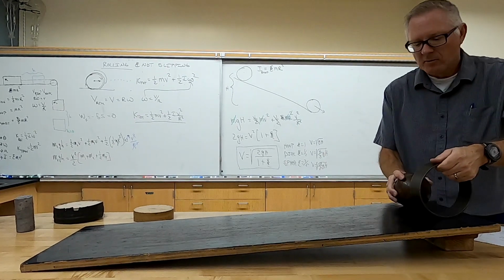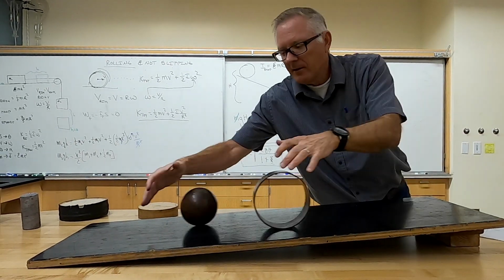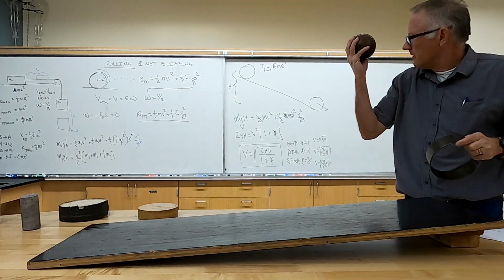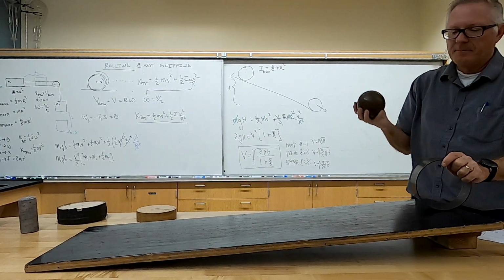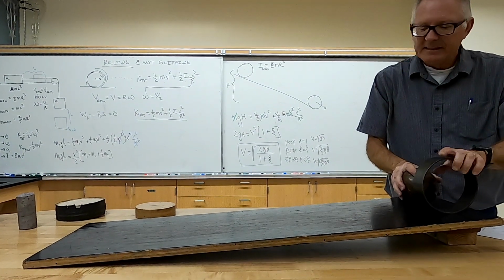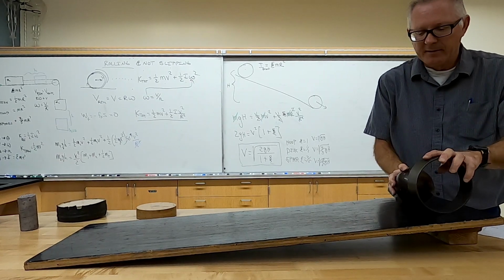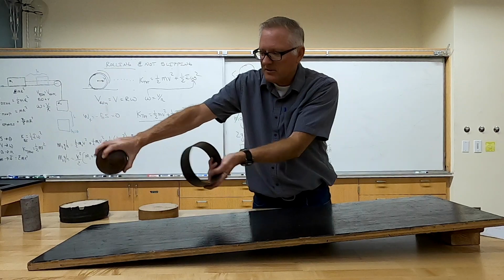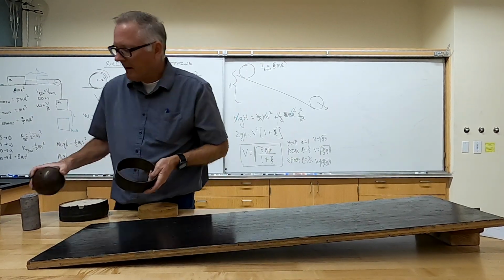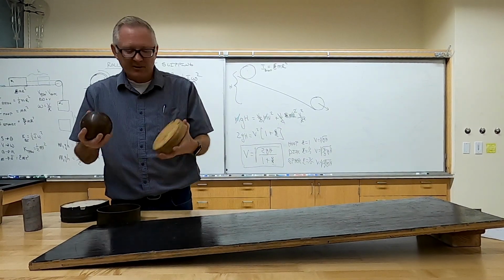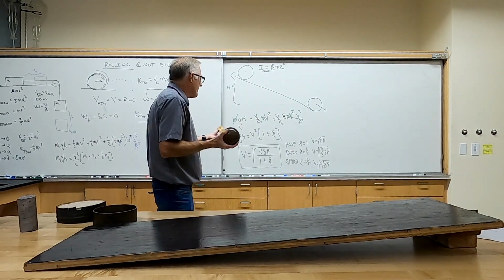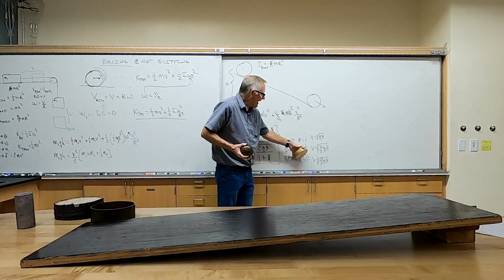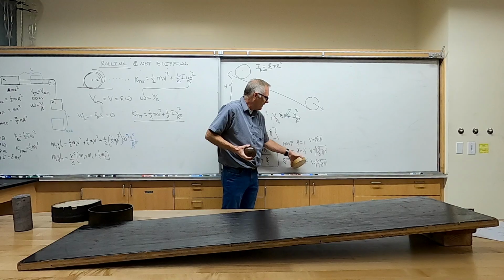So if we put these down there, you notice the sphere, the smaller the squiggly, the less energy it takes to turn it. And so all that potential energy, a lot more of it gets to go into moving it. Now if we compare these two, we're comparing a half, well, that's 5/10 with 4/10.